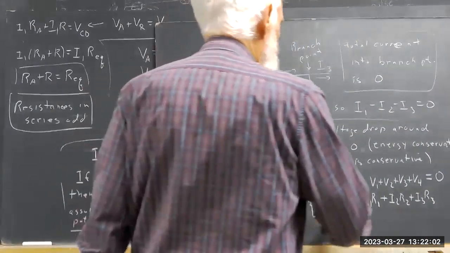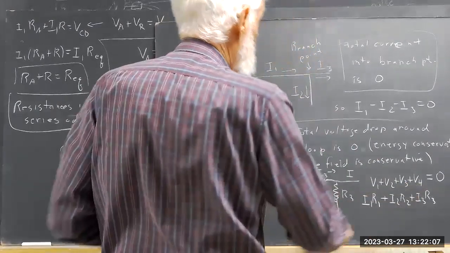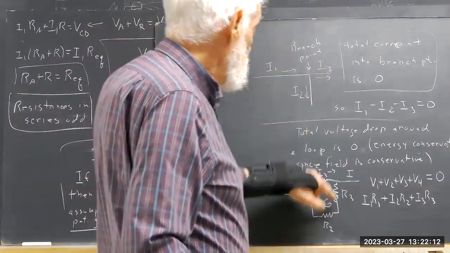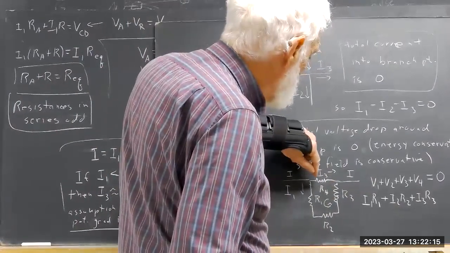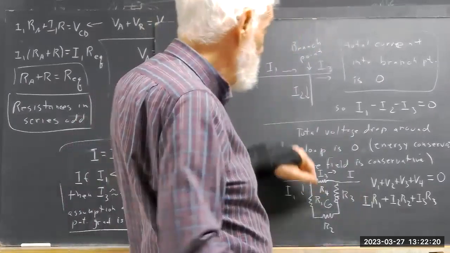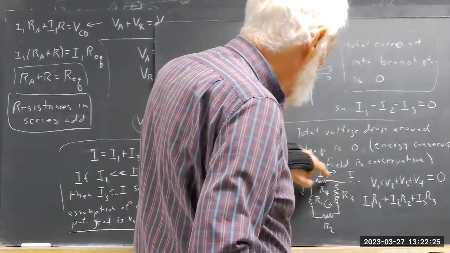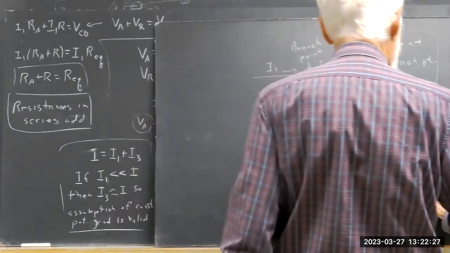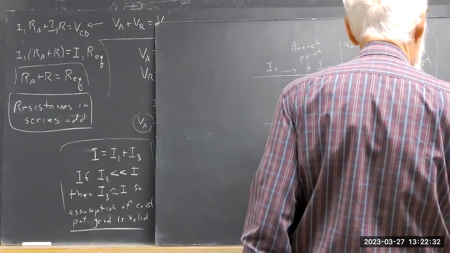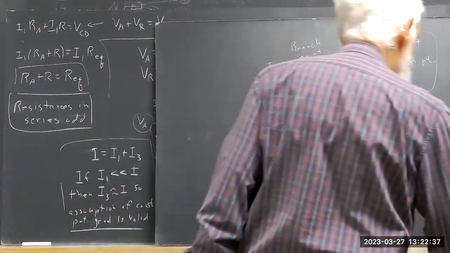Now, we're going to run the loop in this direction. But now we've got a current in this direction, which is opposite the direction around the loop. So going around the loop, the current has to drop from here to here. We're going this way around the loop, in the direction opposite that of the voltage drop. In the direction opposite the voltage drops, our voltage change is minus I3.